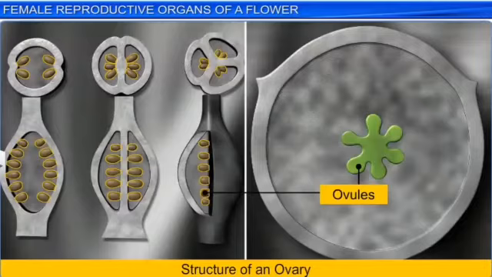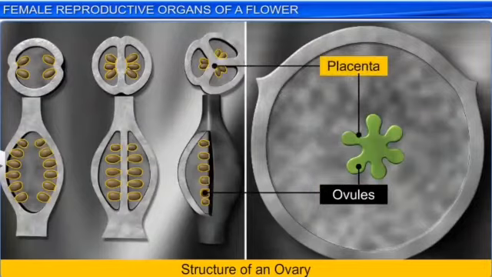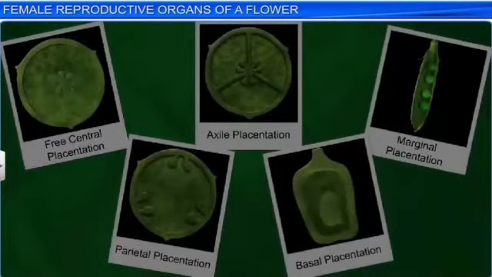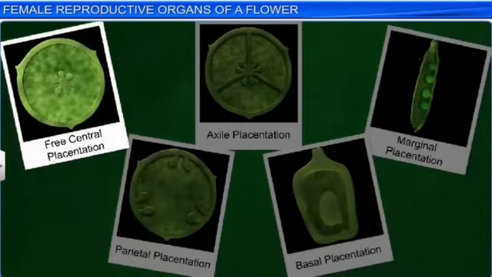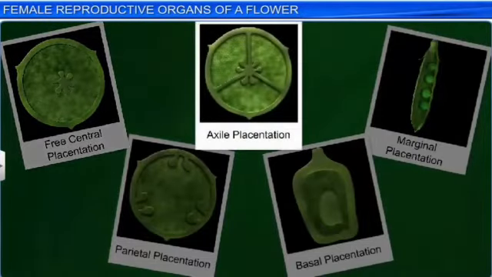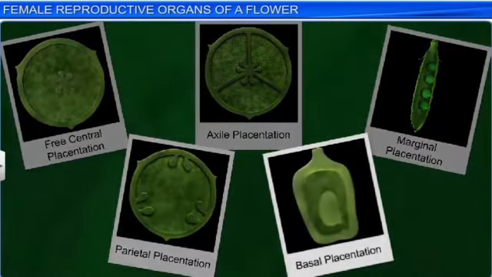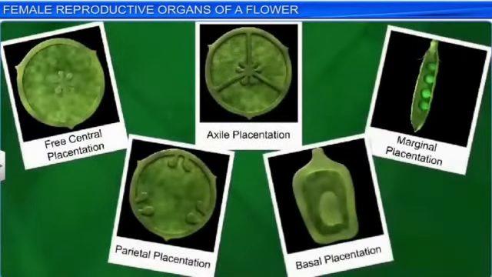So the placenta is found inside this ovarian cavity. Here we can observe very well the attachment of the ovules based on the placenta. Based on this placenta, we have various types of placentation: the free central, the axial, the marginal, the parietal, and the basal, which we have studied very well in the 11th standard.